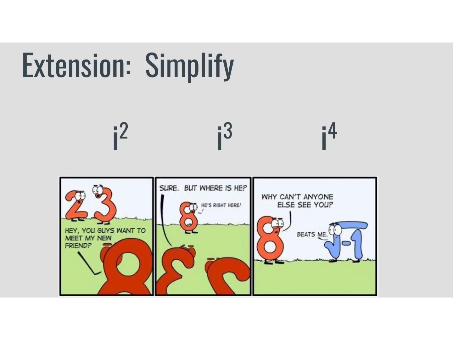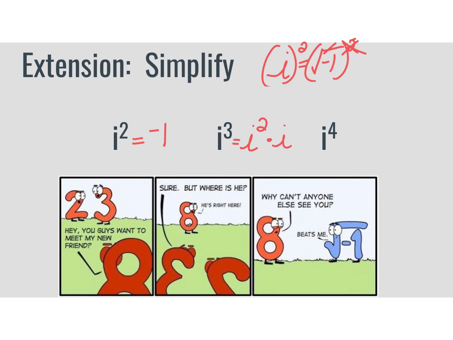Let's just take it one step further and consider what would i squared be if i is equal to the square root of negative 1. If I square both sides, I would be left with just the radicand in this scenario. So i squared would be equal to negative 1. So what would i cubed be? Well, this would be the same as i squared times i, if you think about your exponent rules.